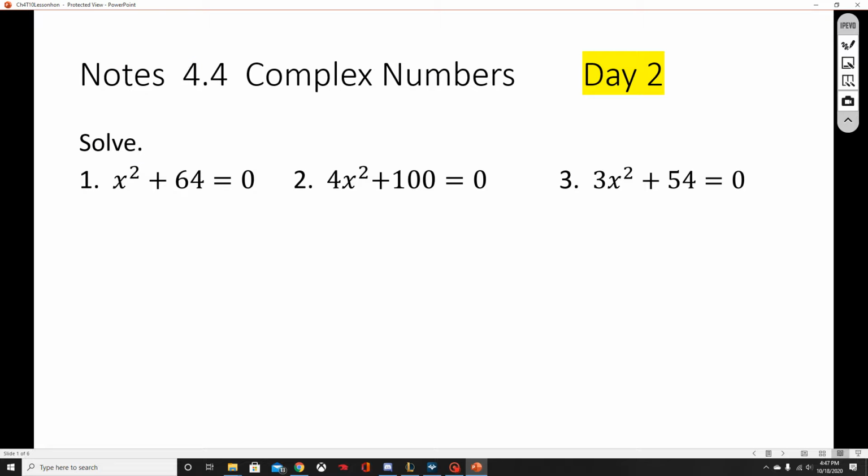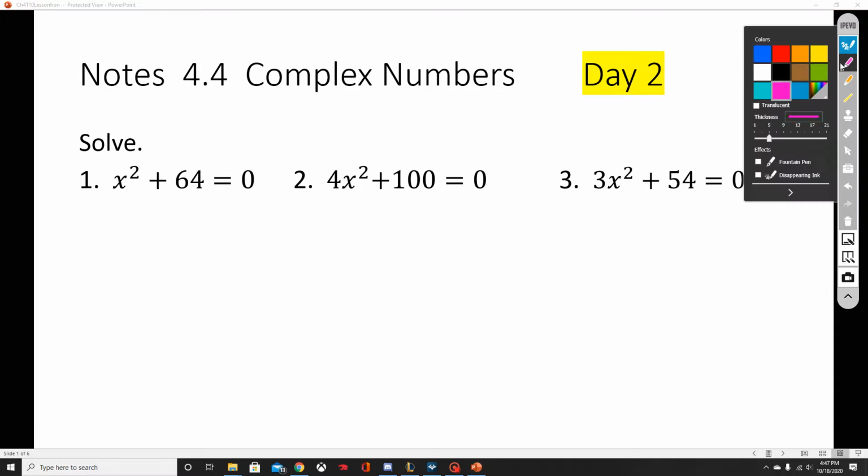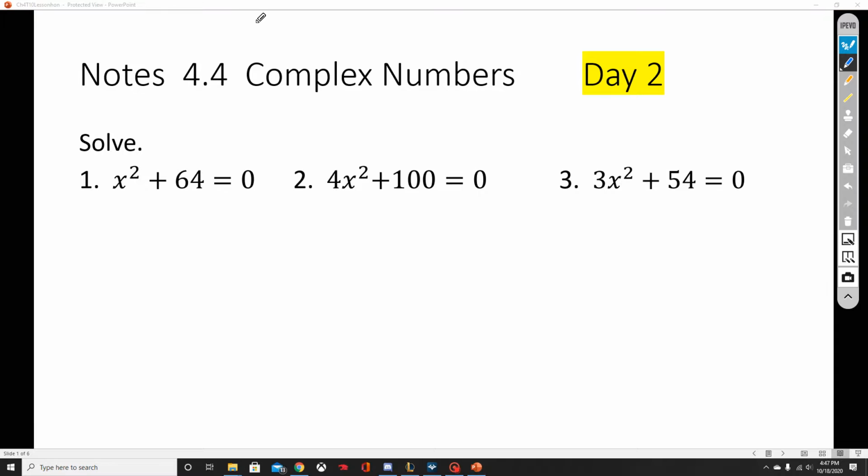Alright, so this says Notes 4.4 Complex Numbers Day 2. Let's call this something else. This is actually going to be Chapter 4, Topic 10.